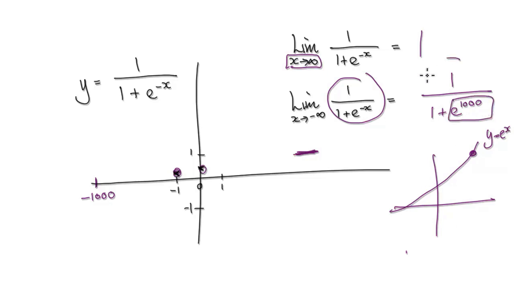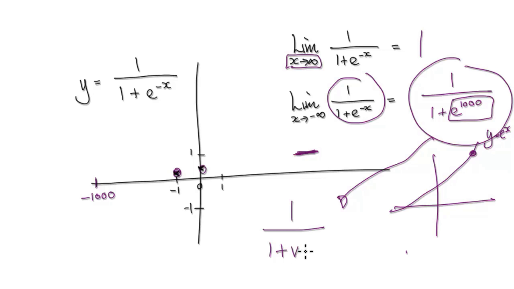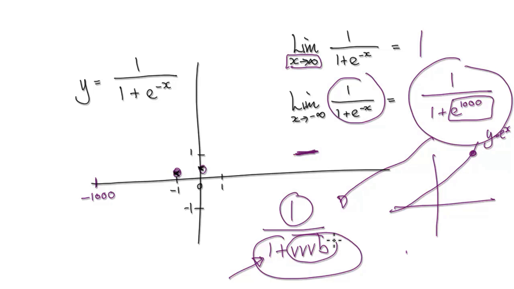So this thing here would then be very similar to 1 over 1 plus very, very, very big number. This 1 here is really irrelevant because this is going to be a very, very big number, let's say 1 billion, and 1 billion plus 1, well, you can really ignore this 1 if you want to.